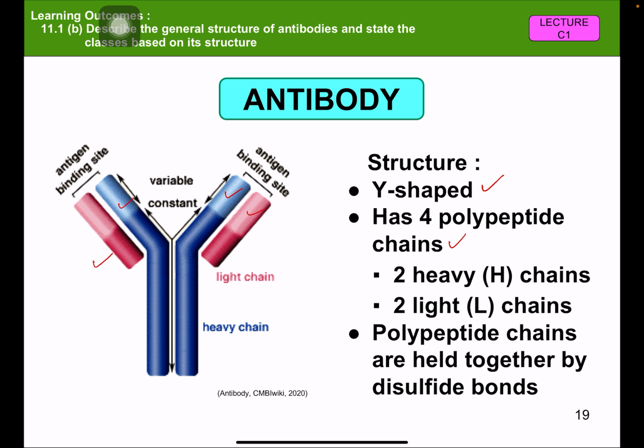In this diagram, the heavy chain is the blue color, the light chain is the red color. These polypeptide chains are held together by disulfide bonds. So these are the sites where it will bind to the antigen.